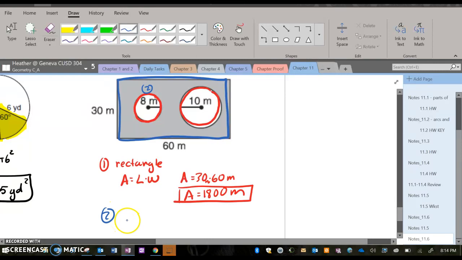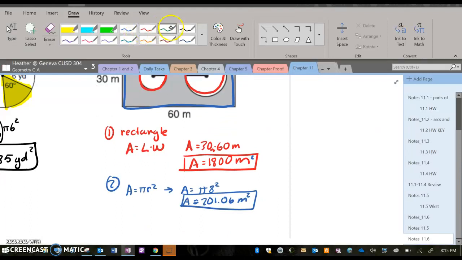So the area of the little circle is A equals pi r squared. So here we have A equals pi times 8 squared. Area will be approximately 201.06 meters squared. Oops, I forgot my squared up there.